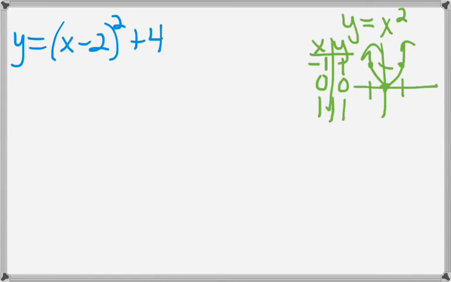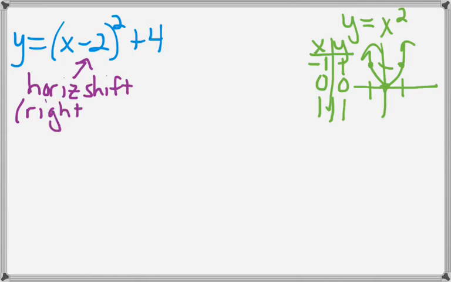Okay, so we're seeing addition and subtraction here. The subtraction in here is happening with x inside the squaring. So that's our horizontal shift, because x has been replaced with x minus 2. So that's a horizontal shift, and it's actually going to shift to the right 2 units.